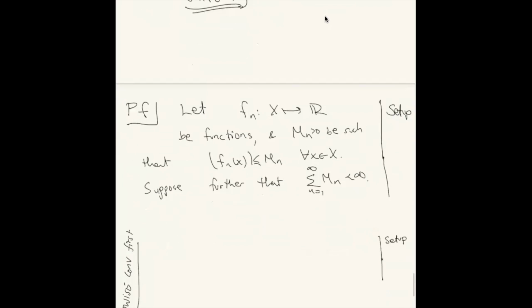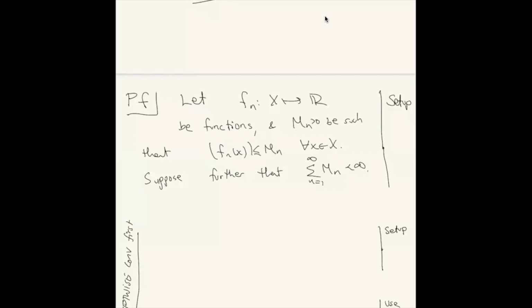Now we want to say that the series of partial sums converges. Now, logically, it makes sense first to talk about pointwise convergence. So let's first fix an x in X in order to establish pointwise convergence. Consider the sequence of partial sums.